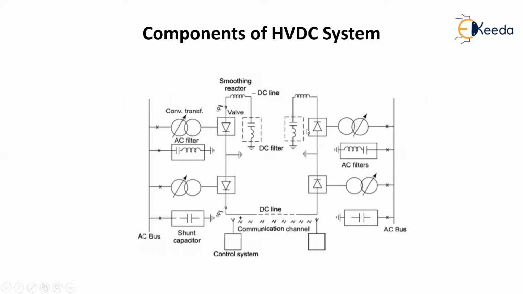On the other side also, we have DC filters here, and we have a smoothing reactor to reduce the ripples. On the other side, the same setup is there. This completely becomes the converter station: converter transformer, AC filters, shunt capacitor, and all those things. And we are using a communication channel to communicate the current, voltage and frequency being used there, the components of the HVDC system.